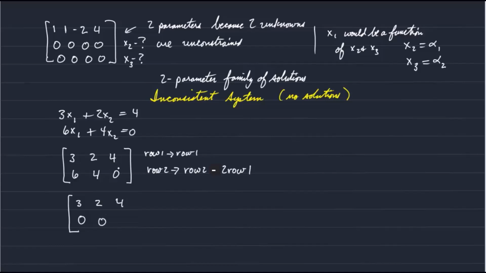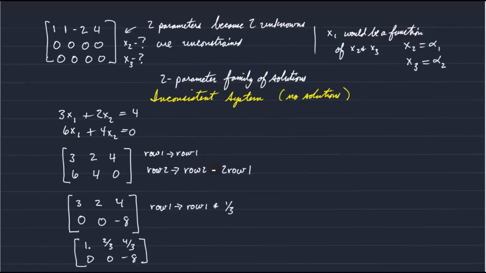And 2 times 4 is 8, and when we subtract that, we get minus 8. And then finally, we need to create our lead 1 from the top row, and we'll just divide row 1 by 3, or multiply by 1/3, and that gives us 1, 2/3, and then 4/3, 0, 0, minus 8.